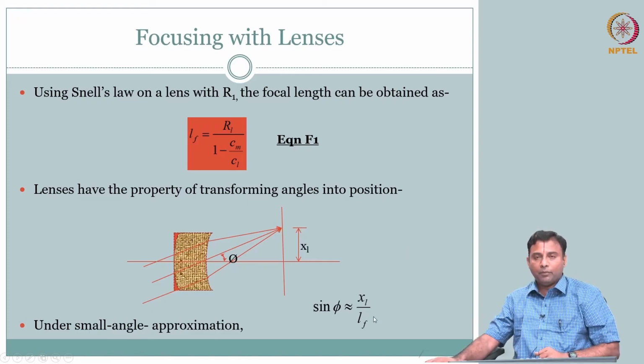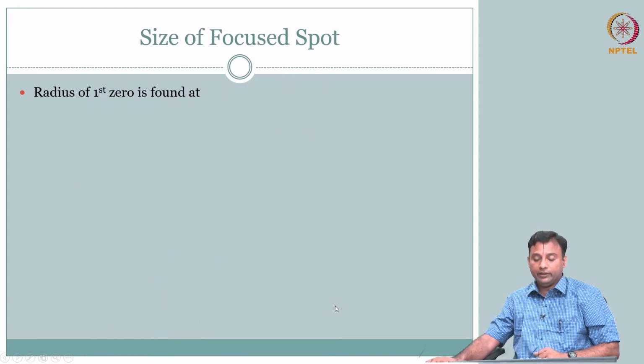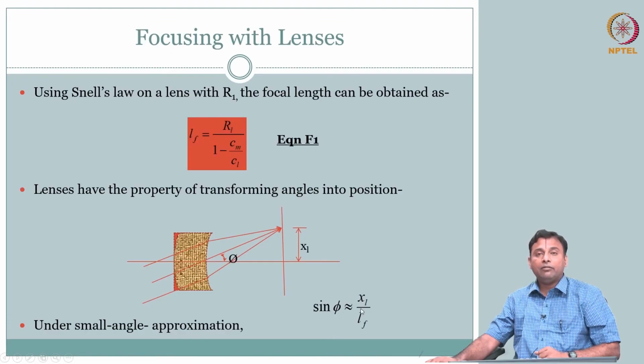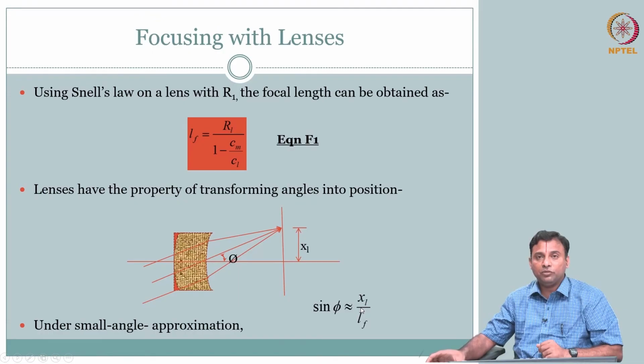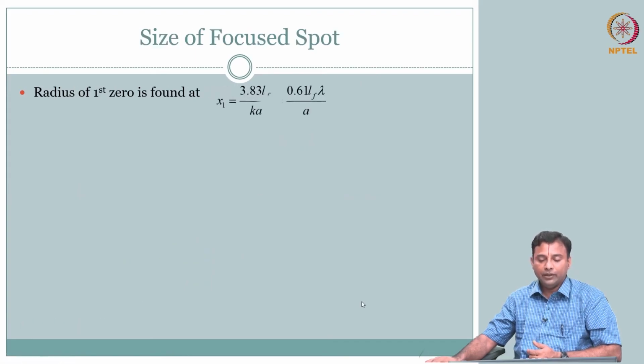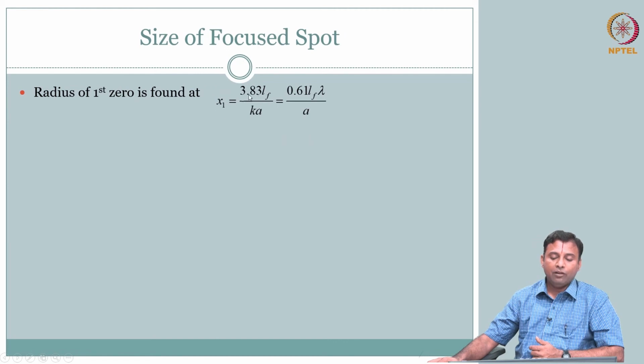If you do a small angle approximation, we had our sin phi for an angle of divergence before, same thing, but now we will substitute for sin phi to be X_L by L_F. So X_L by L_F is 3.83 by Ka, this is what we had for the circular transducer. There we just left it like that: sin phi_d is equal to 3.83 by Ka, so phi_d is equal to sin inverse of 3.83 by Ka.